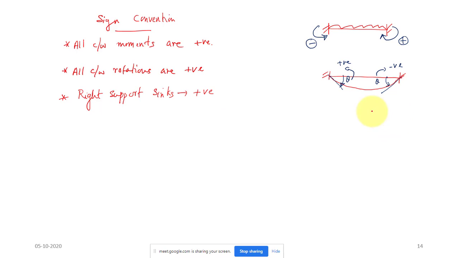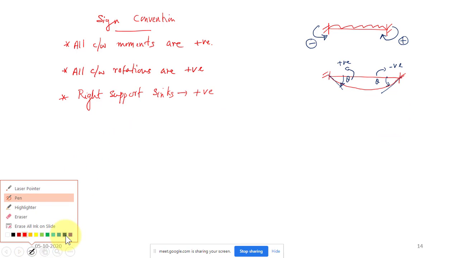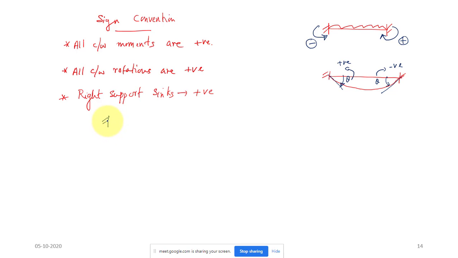Whatever we considered in the derivation, that direction I am taking as positive, just as clockwise moment and clockwise rotation are positive. For settlement, what direction have I considered? I took this span AB, and in this span my right support B was sinking in the downward direction, so this delta is positive. Right support sinking downward is positive.